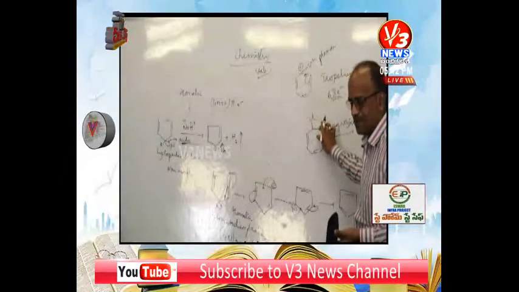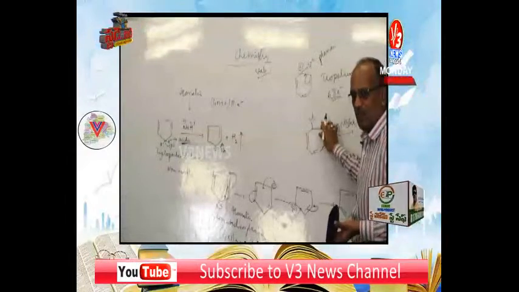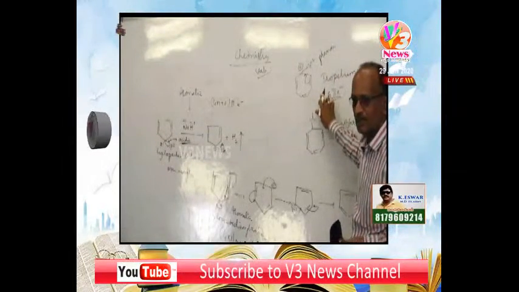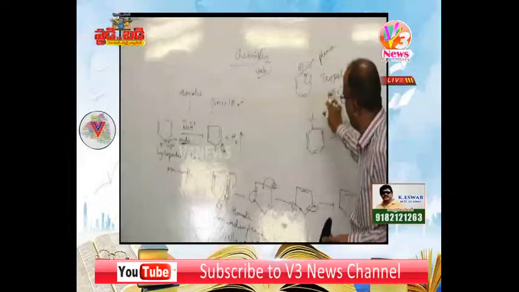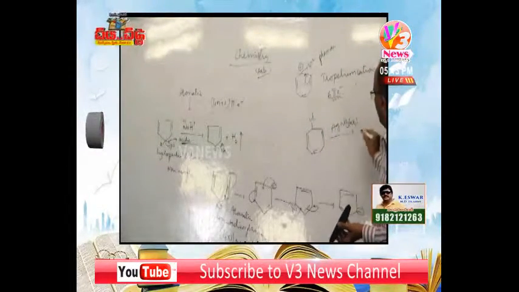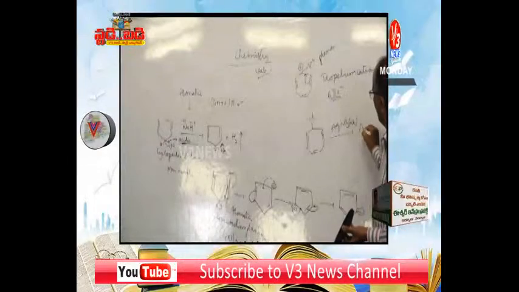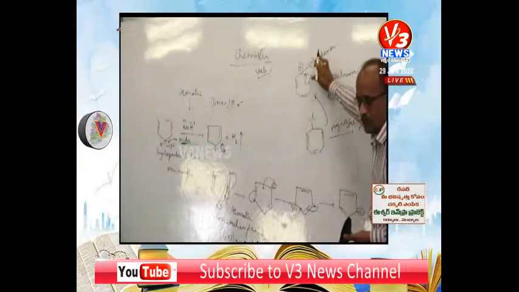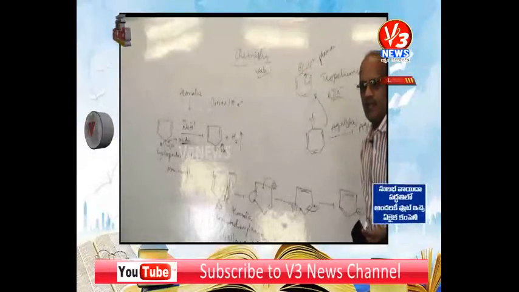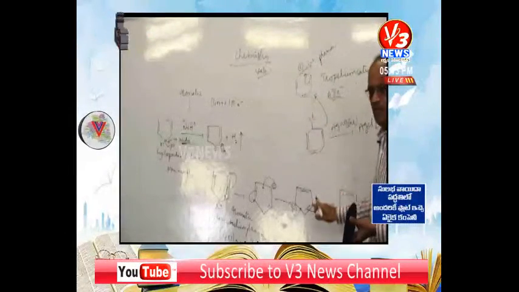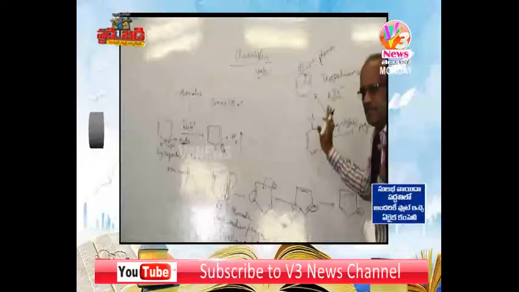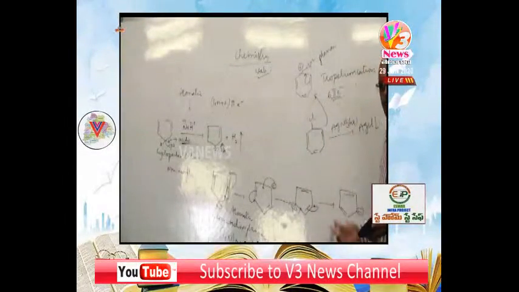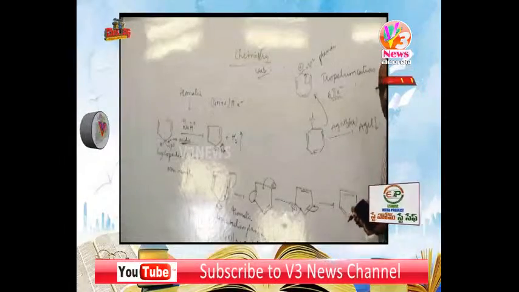When heterolytic bond cleavage takes place, this carbon gets a positive charge, this chlorine gets a negative charge. When chloride ion comes out, then what is formed here? A white precipitate of AgCl, and this compound is converted into which ion? Tropylium cation. Now tell me, does this tropylium chloride give a white precipitate with silver nitrate solution or not? It gives a white silver chloride precipitate.